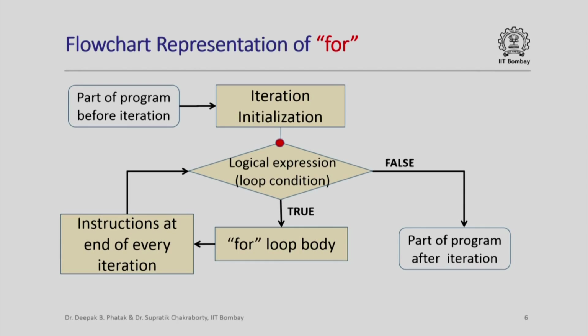If that turns out to be true, it goes through the for loop body, and then it is going to execute the instructions that are supposed to be executed at the end of every iteration, comes again, evaluates the logical expression or the loop condition, and keeps moving as long as the loop condition holds true, and when it becomes false, it takes this path and executes the part of the program after the iteration.